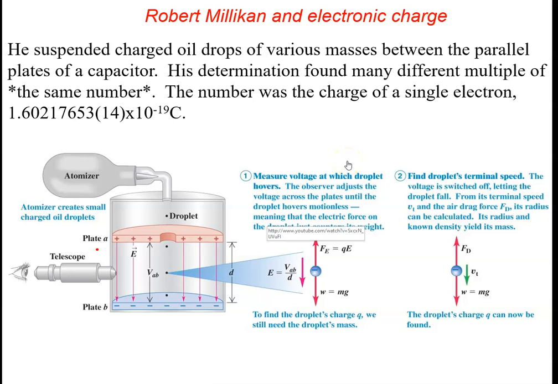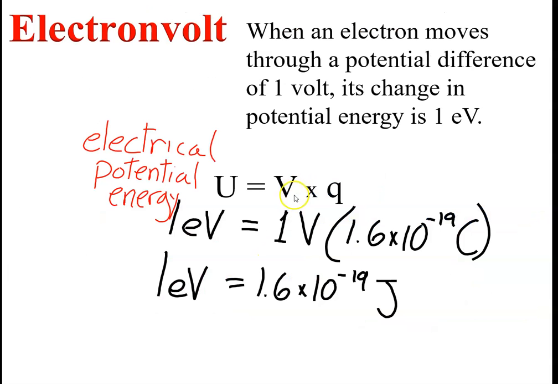Alright, now we're talking about the electrical energy used to make something move or move against a field like this. It's a small number. We call it an electron volt. So when an electron moves through a potential difference of 1 volt, its change of potential energy is 1 electron volt. So from this equation, electrical energy is equal to voltage times charge.